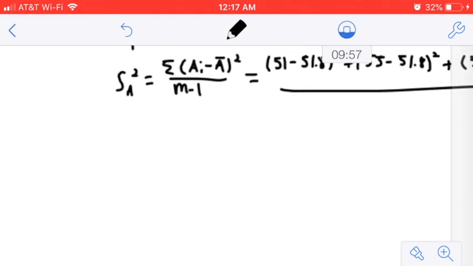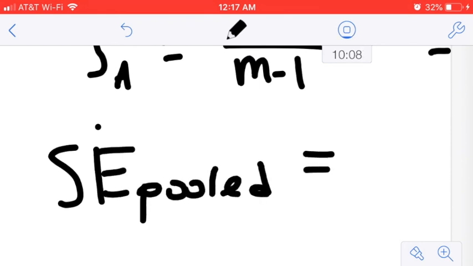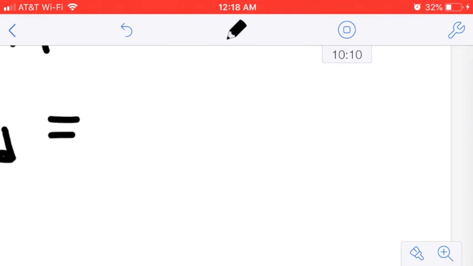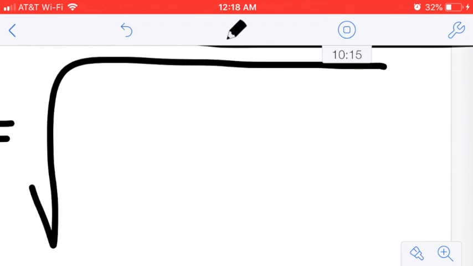So our standard error pooled is equal to the root.